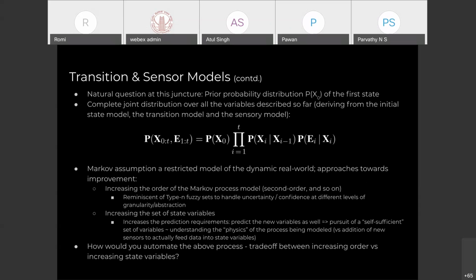And here again, this is reminiscent of the type N fuzzy sets that I was talking about a couple of classes ago, that instead of using a crisp number to represent belongingness to a set, how about adding a confidence variable to that, which is say x comma y, where y is my confidence that x belongs to this set or not.